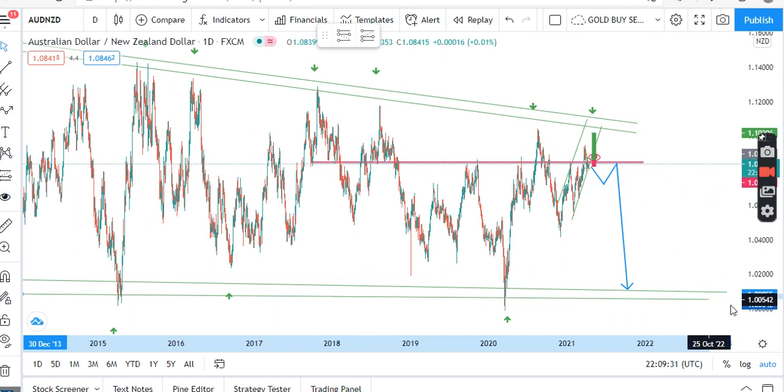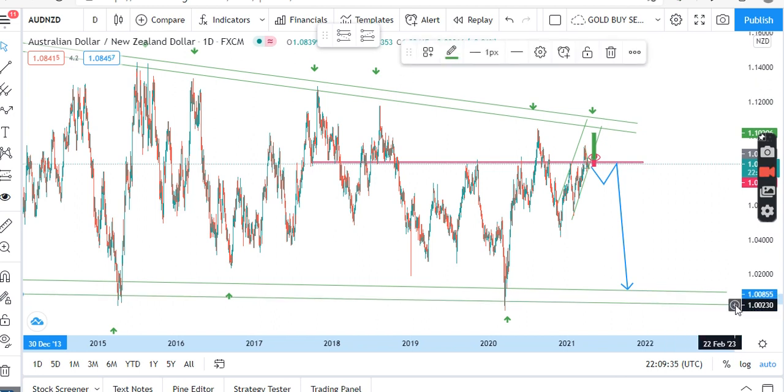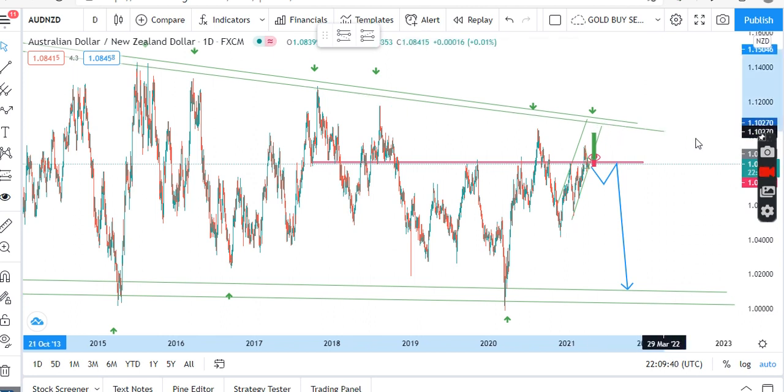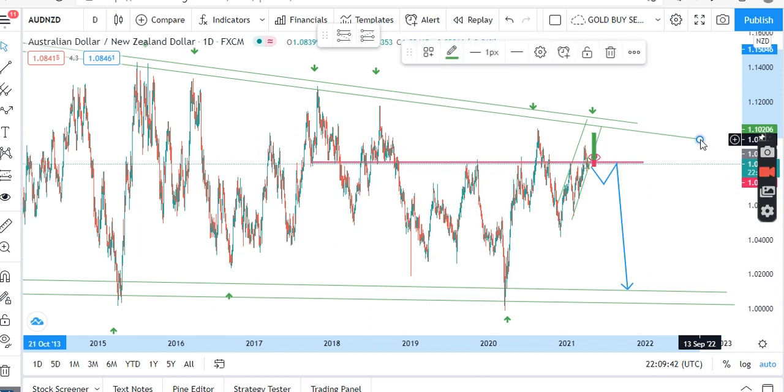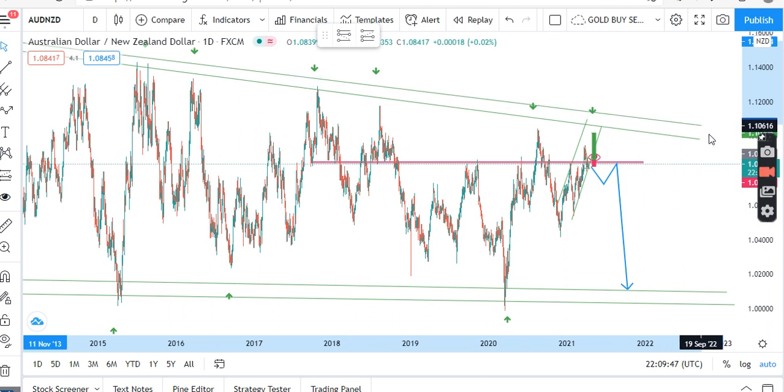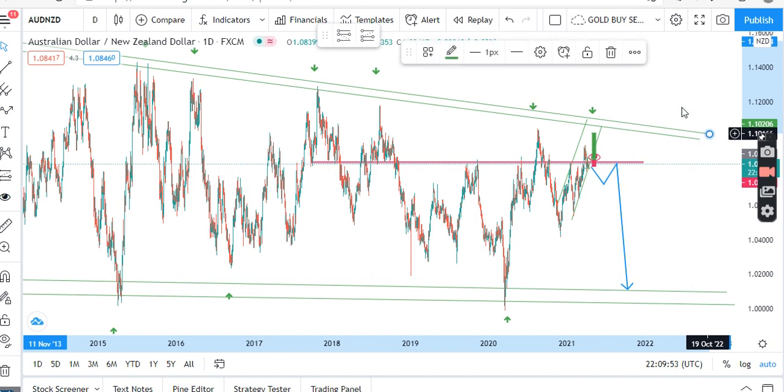So I'm going to be watching this setup very closely, because I know it's approaching an area where there are a lot of sellers trying to sell this. Okay, so I said I'm willing to sell this if it breaks this trend line and then comes to retest it before going down.